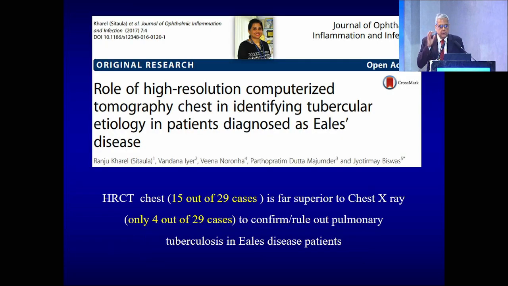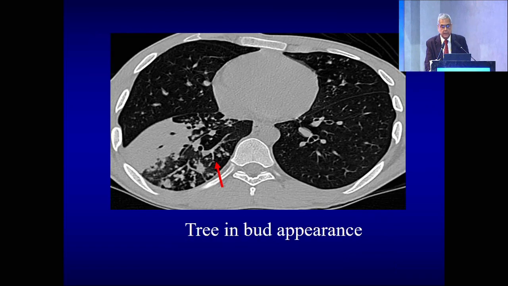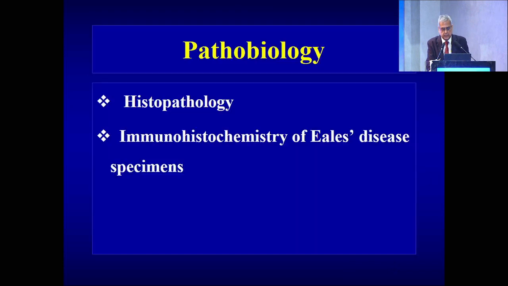But when you look at the cohort of 29 patients of Eales disease with a new imaging technique of the chest, high resolution computerized tomography, we found 15 out of the 29 cases, almost 50% of patients, had related tuberculosis. Chest X-ray sensitivity was only 4 out of 29 cases. And this is the picture of the cloud-like appearance of these patients having tuberculosis involvement.